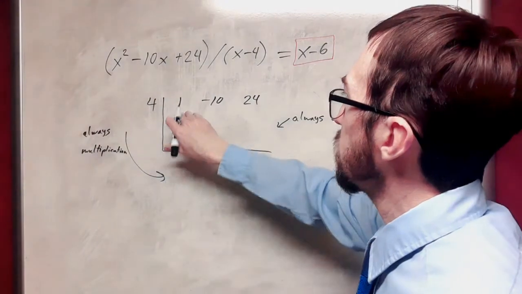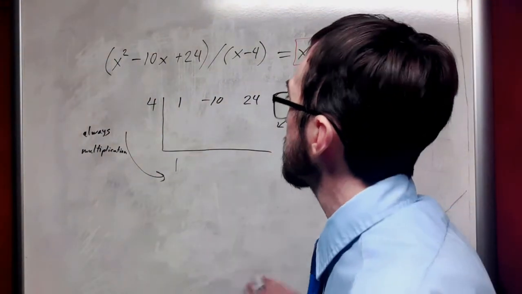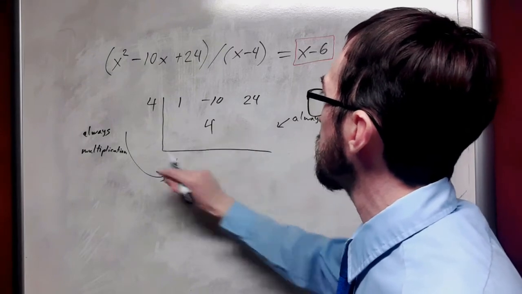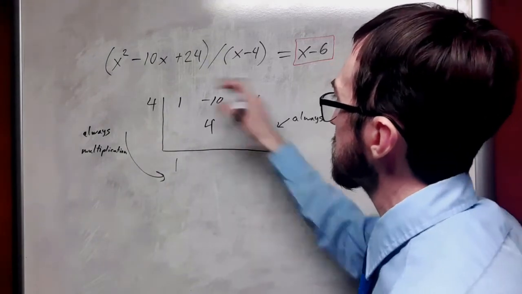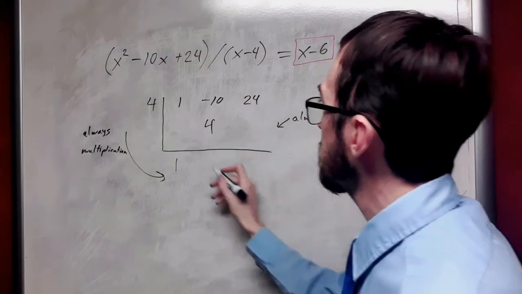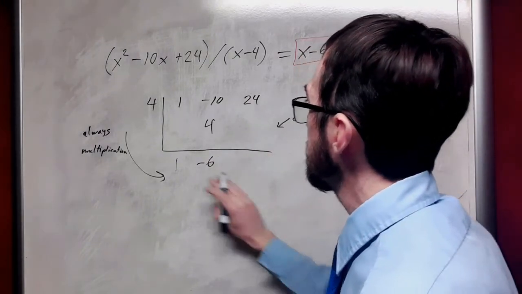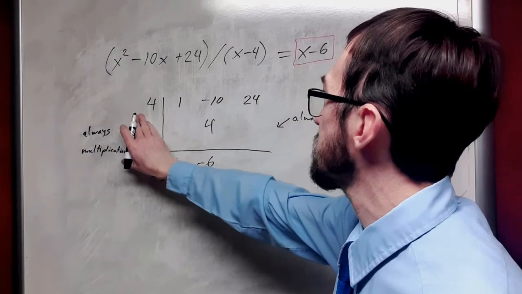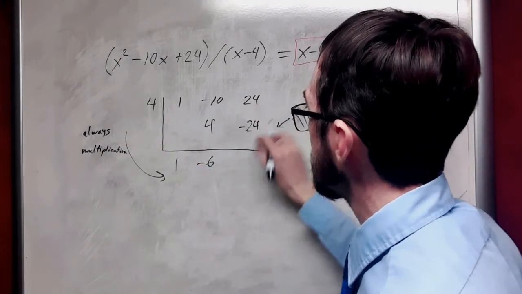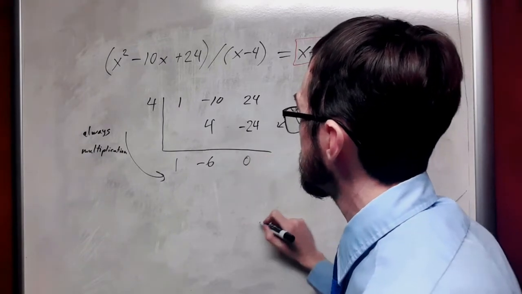Starting inside the bracket, 1 plus nothing is 1. 4 times 1 is 4, so that's coming up here. So this is the cycle that we're using. -10 plus 4 is -6. -6 times 4 is -24. 24 minus 24 is 0.